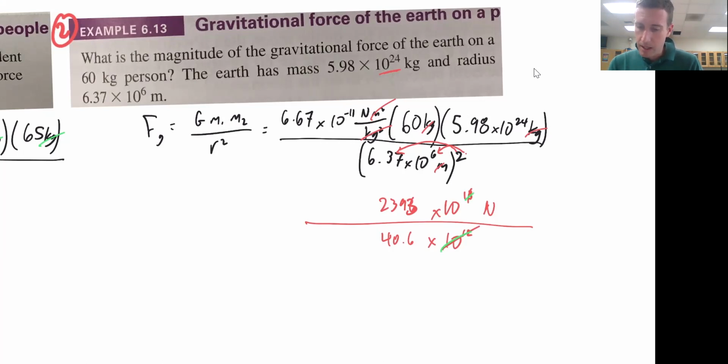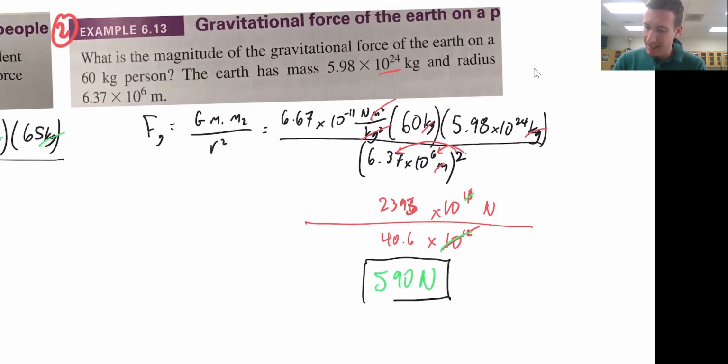So 2,393 divided by 40.6 is 58.979, but then I got to multiply it by 10 because I got 10 sitting there. Gives me 590 newtons.